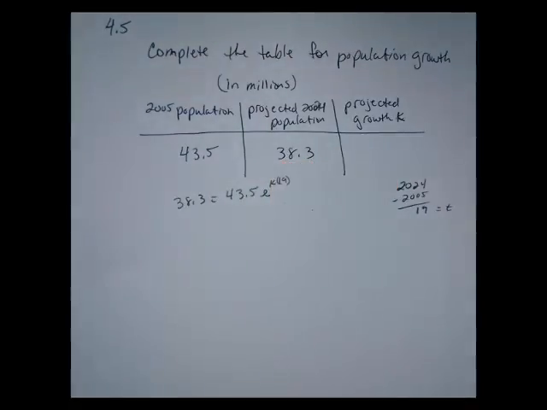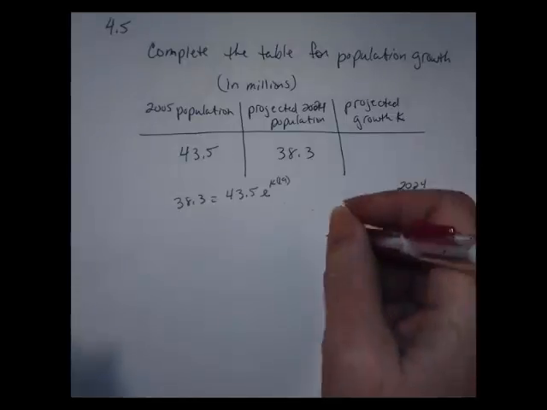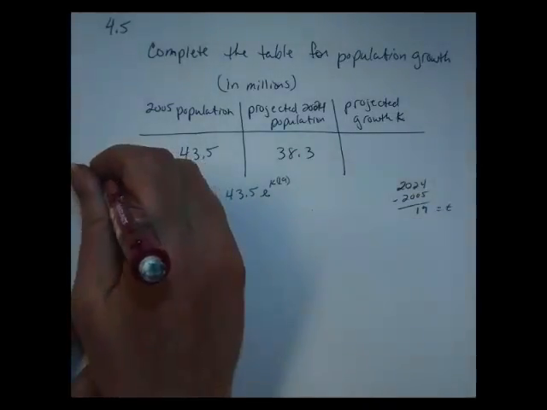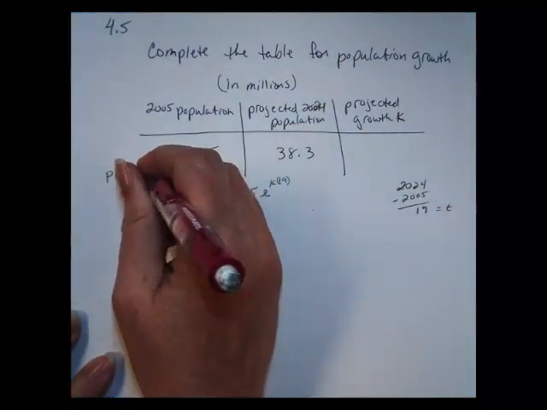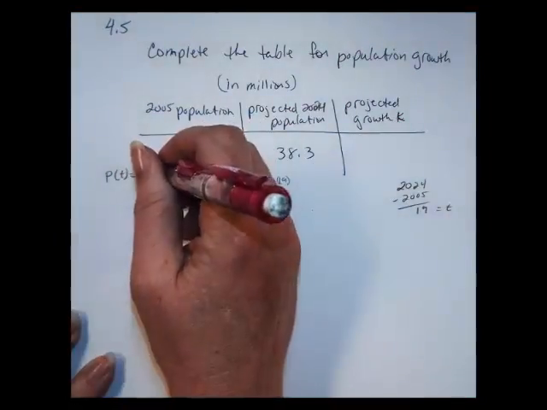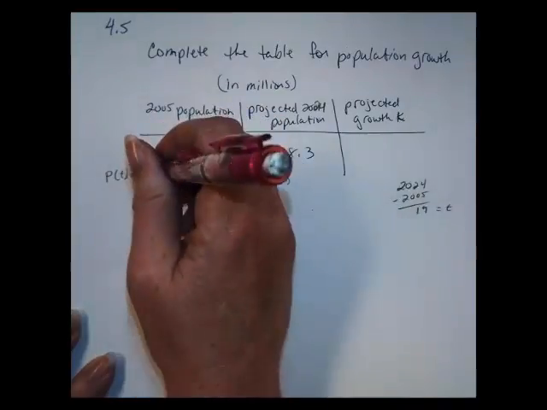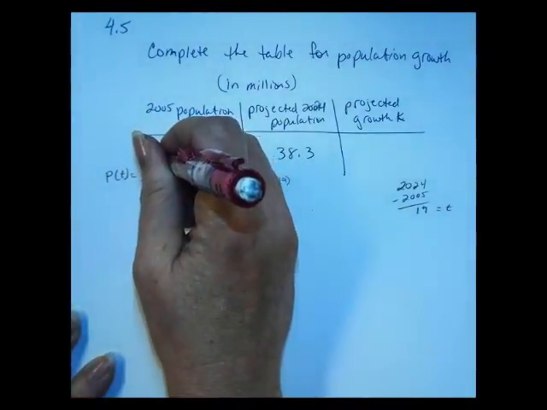Now, this is coming from the formula that you use for the growth. And in case you don't remember, or you weren't here the day we did that, it is this formula here. P of t equals P of 0, or P sub naught, times e to the kt.